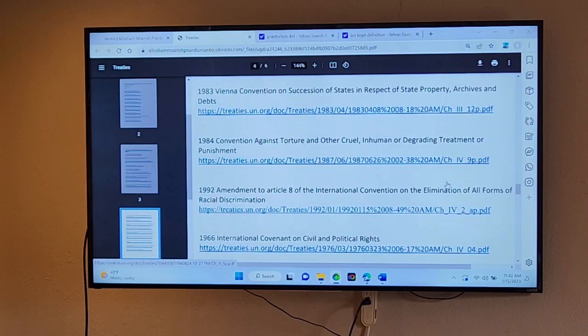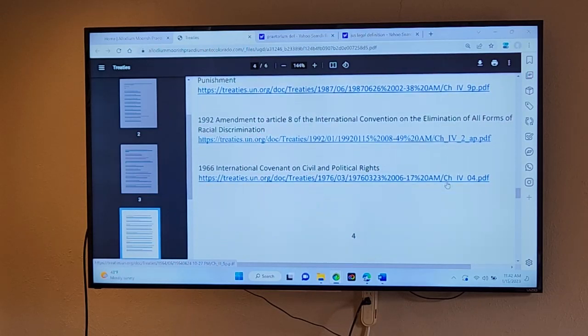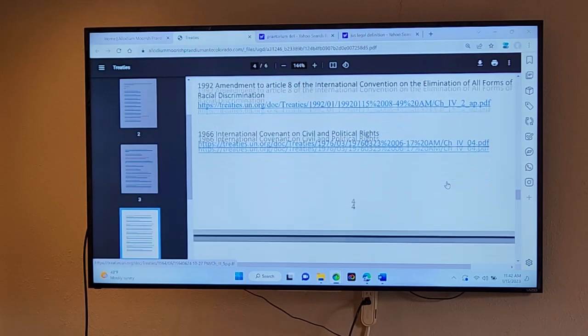The 1984 Convention Against Torture and Other Cruel, Inhuman, or Degrading Treatment or Punishment. The 1992 Amendment to Article 8 of the International Convention on the Elimination of All Forms of Racial Discrimination.